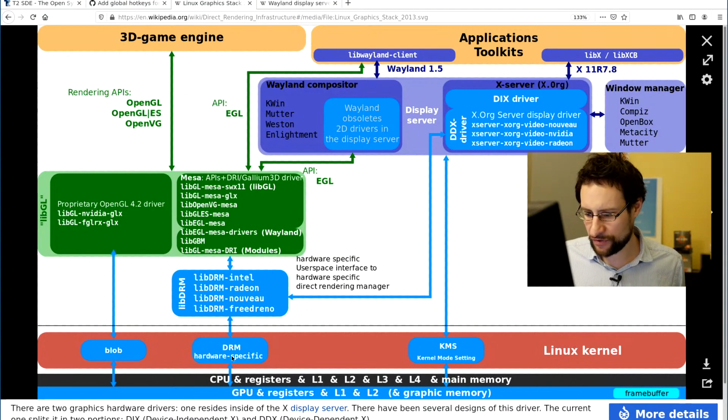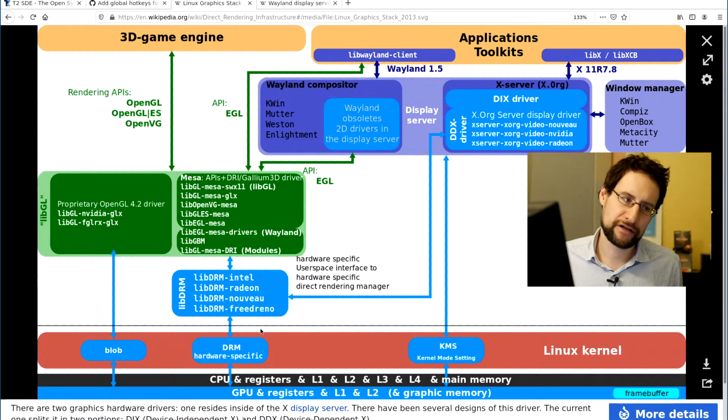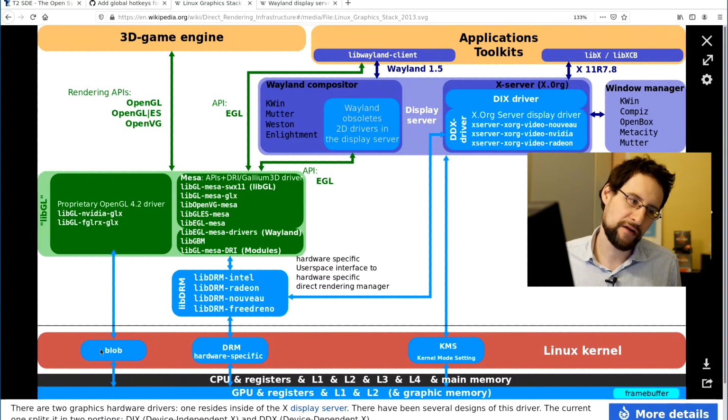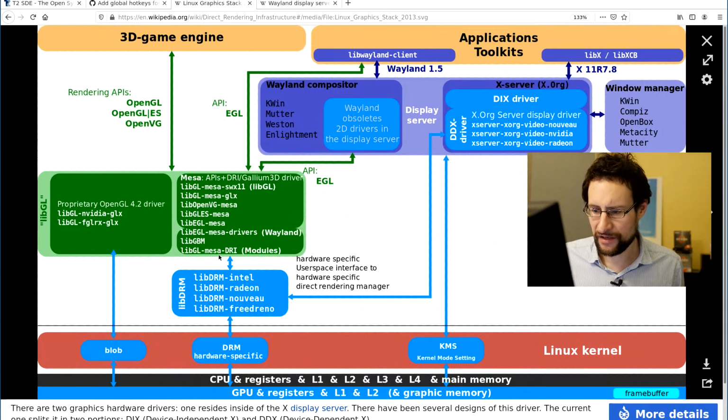So the Linux kernel with DRM, Direct Rendering Manager, kernel mode setting nowadays. Previously, of course, that wasn't necessarily the case, or NVIDIA blobs that are not recommended. And a whole bunch of GL libraries, GL, GLES, and Mesa, or other proprietary ones.